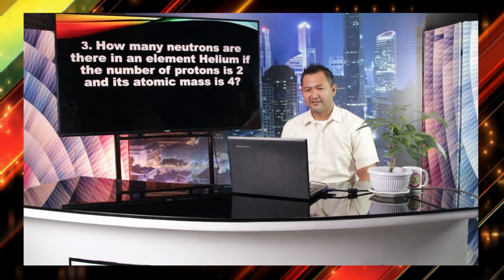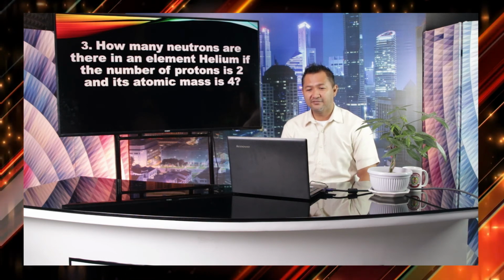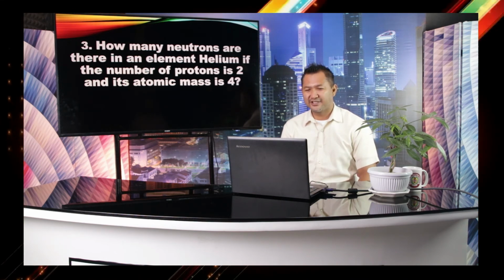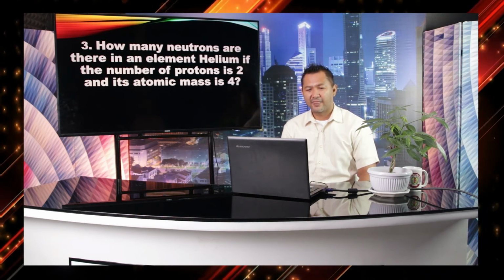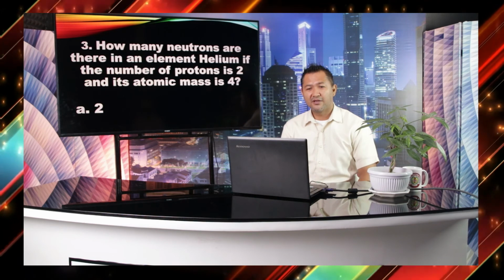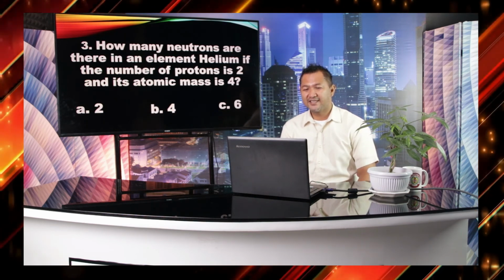Number 3. How many neutrons are there in an element helium if the number of protons is 2 and the atomic mass is 4? A. 2. B. 4. C. 6.